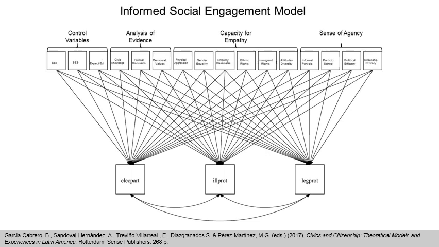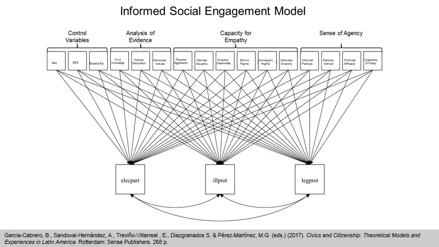It tells us social engagement is composed of electoral participation, illegal protest and legal protest. And these three things compose social engagement. And differences in these things are explained by differences in the sense of agency, in the capacity for empathy, in the ability to analyze evidence, and there are some control variables.